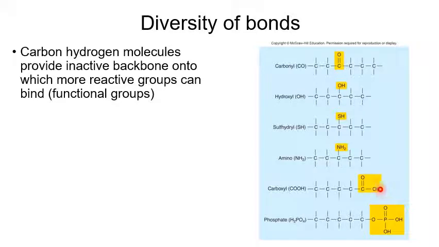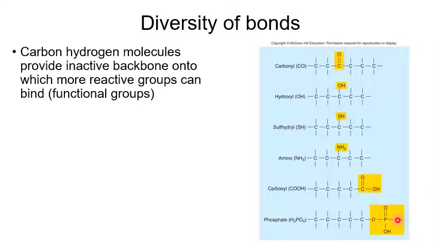And then another one we will be seeing quite prevalently is a phosphate group. Here's the functional group for phosphate. You will see a molecule ATP, adenosine triphosphate. This tri means it has three of these groups bound.